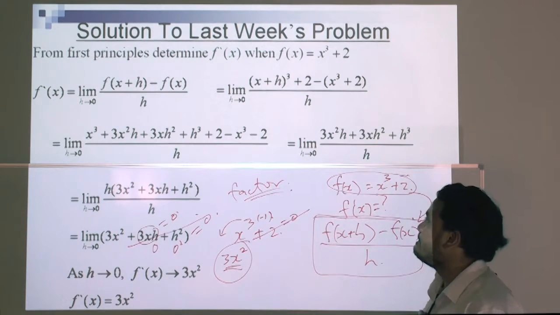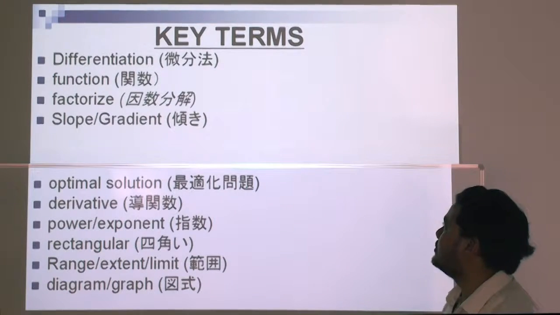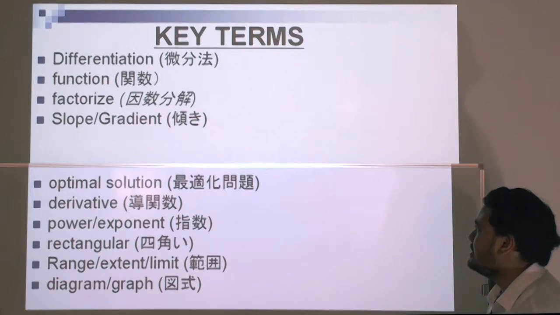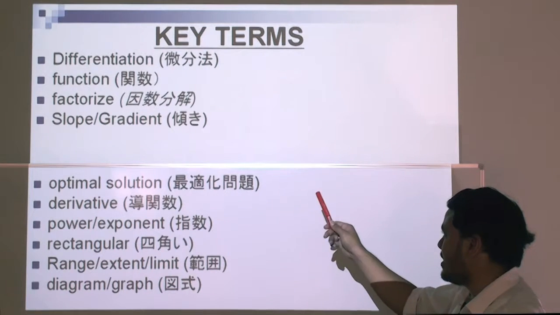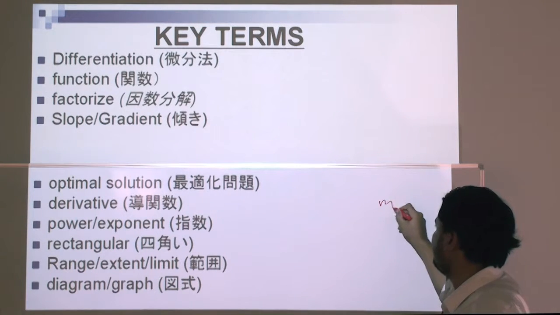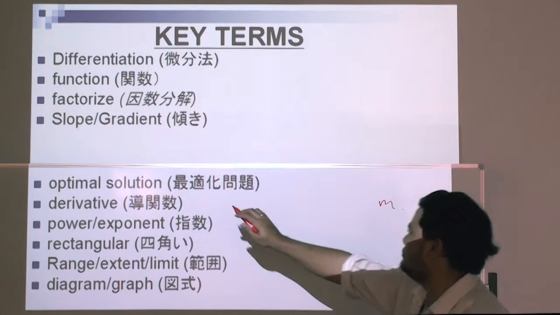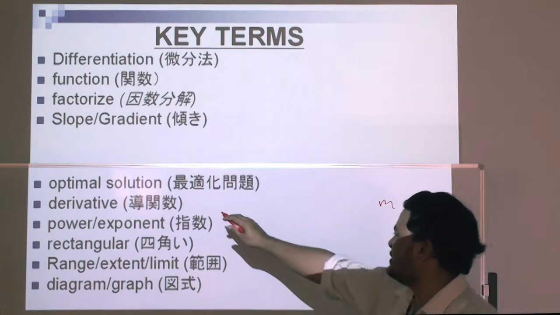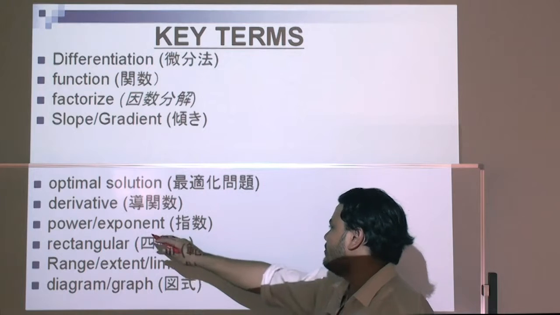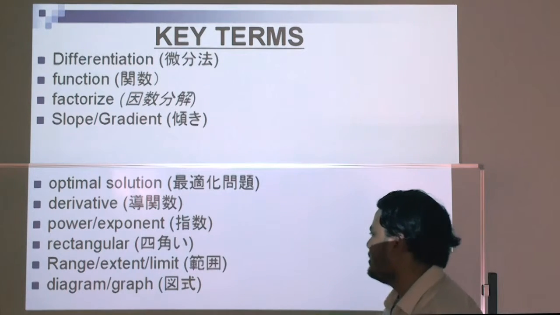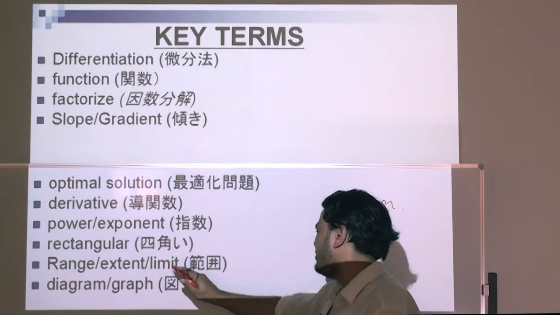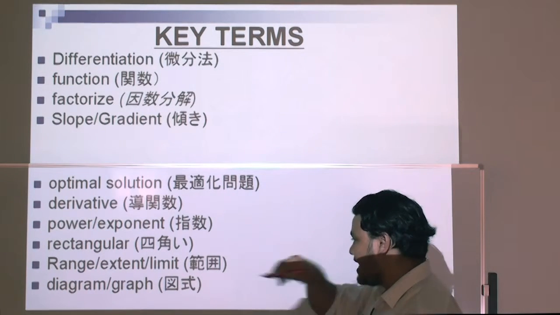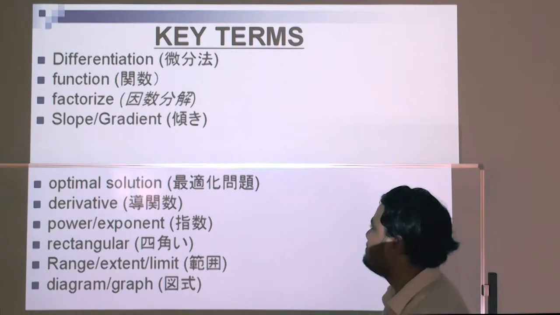Okay, let's move on. Our key terms for today: differentiation, a function, factorize, the slope or the gradient, which is m, an optimal solution, the derivative, power or exponents, rectangular, a range or an extent or a limit, and a diagram or a graph.